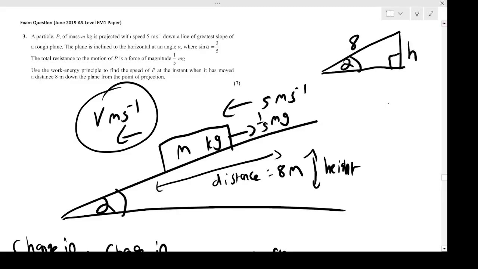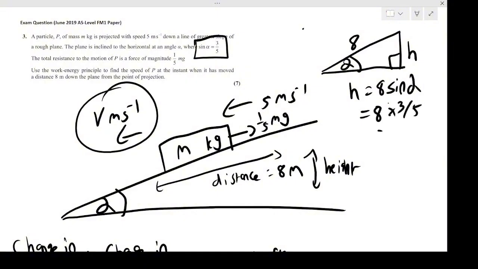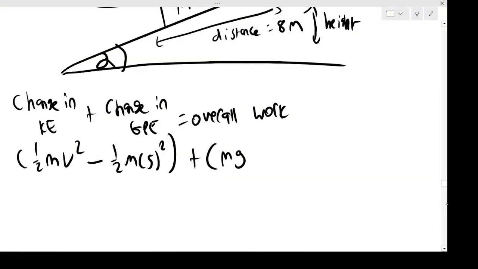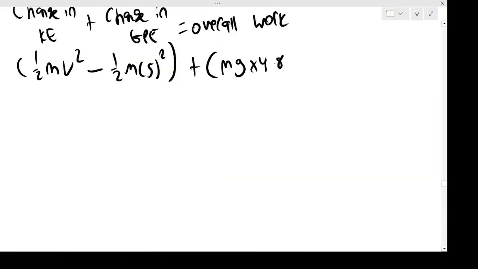Using SOHCAHTOA, the vertical height h is going to be 8 sine alpha. I don't know what alpha is, but I don't need to; I know what sine alpha is. So that's 8 times 3/5, which is 4.8 meters, so times by 4.8 here.